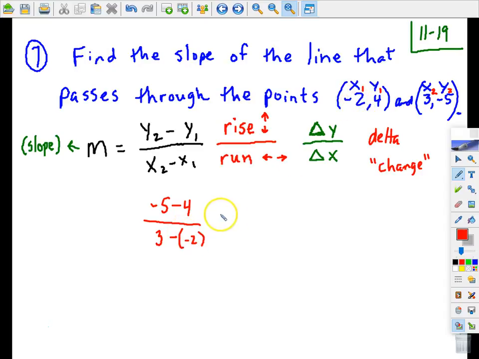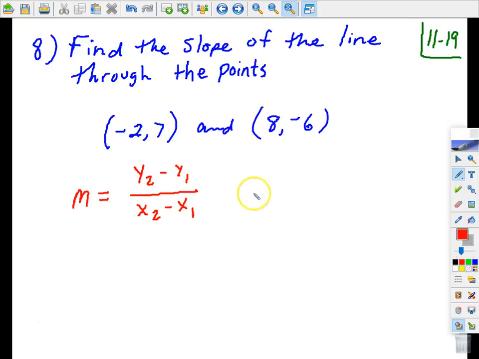And you do have to be careful at this point because no problem on the top, that's -9, but remember what it means to subtract a negative number. And so that would be our slope, and we do want to leave these slope answers in improper fraction form. That just helps us when we're graphing to do the rise over run. All right, so that would be the answer for this example.